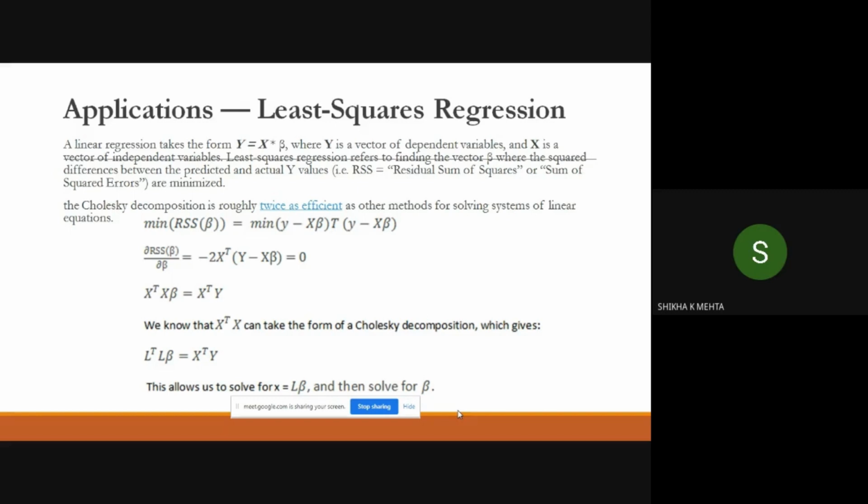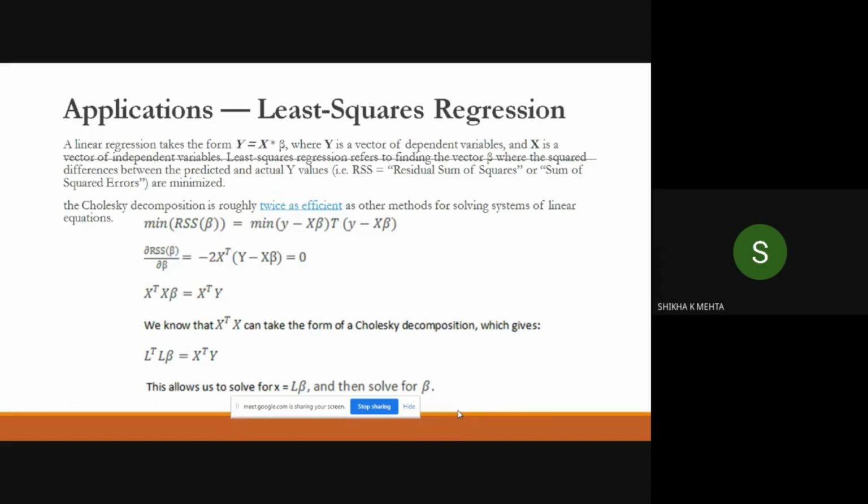Then we take the partial derivative of that. After taking the derivative, we get minus 2 of x transpose into (y minus x beta). And when we set this equal to 0, we get x transpose x into beta is equal to x transpose y.